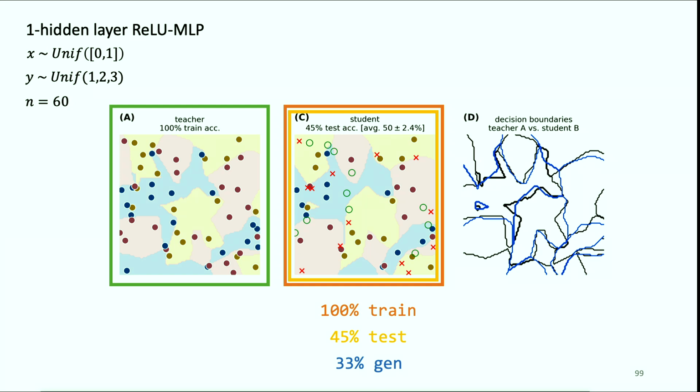Yeah? By the way, here you're giving it the logit in this case. What I'm doing, I should have probably written this down, is that I take the logits of the teacher and apply a softmax with the given temperature.